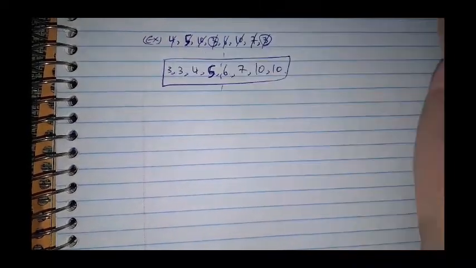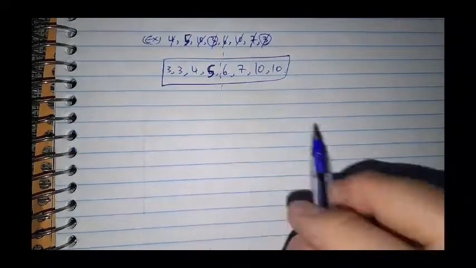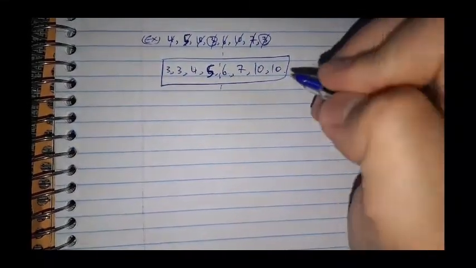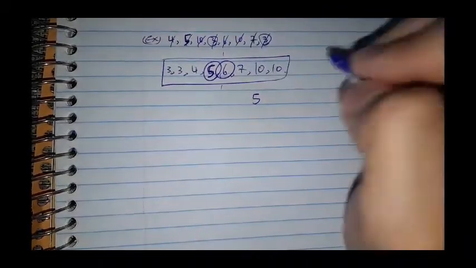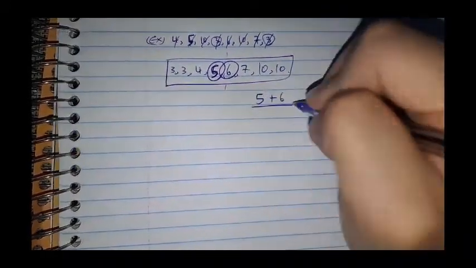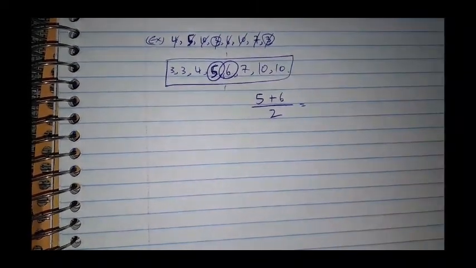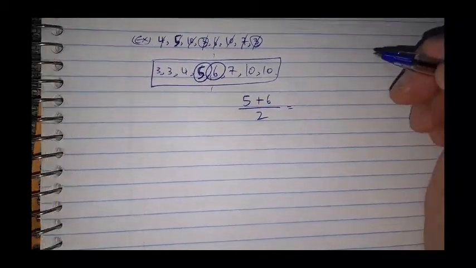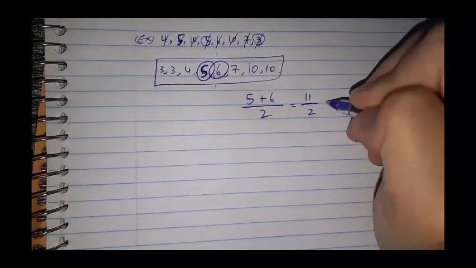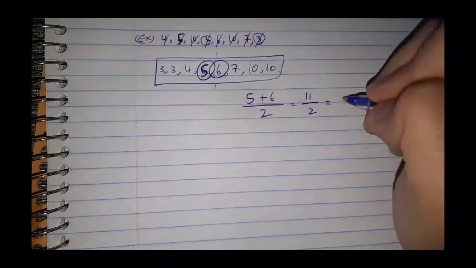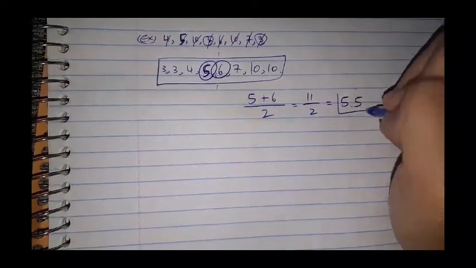Then you need to find the number between 5 and 6, which is like an average value. Pick those two numbers, 5 added with 6, then divided by 2, which is very similar to average calculation. 5 plus 6 is 11. 11 divided by 2 is 5.5.